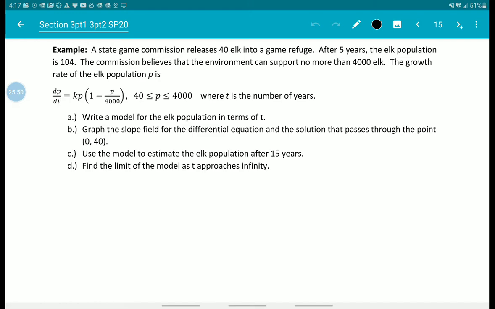So we already know some information here. We know that the carrying capacity is 4,000. We know that at time 0, 40 elk were released. And we know 5 years later, there were 104.